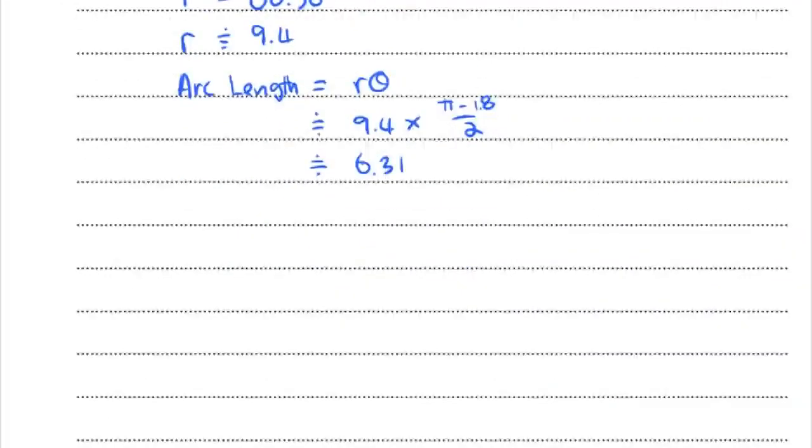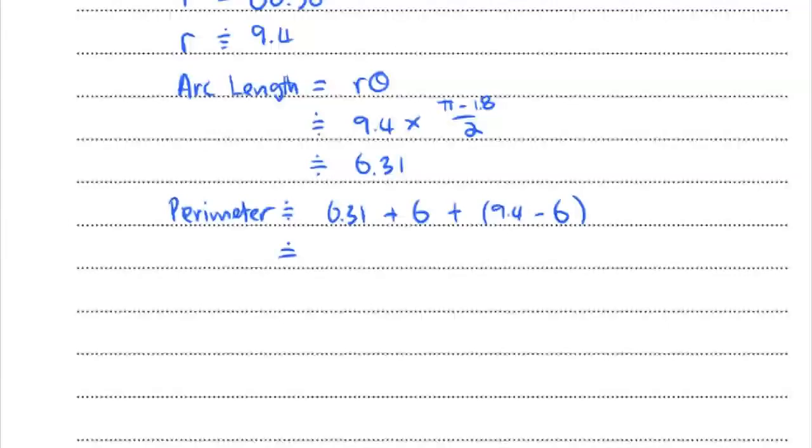Right, so we're almost done now. The perimeter is going to equal the arc length, 6.31 approximately, plus the 6 we have along one side of the triangle, plus the radius, which is 9.4 minus the 6 on the other side.